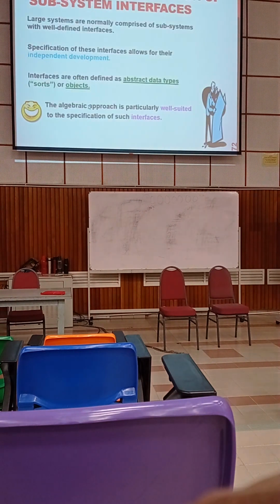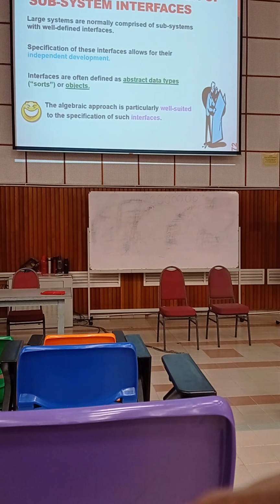Okay, now let's look at the algebraic specification first. Specification of this interface allows for independent development. So you have abstract data types, sorts, and objects. The abstract data types we call sorts. You need to memorize this because if I ask about formal methods, of course I'm going to ask general questions.